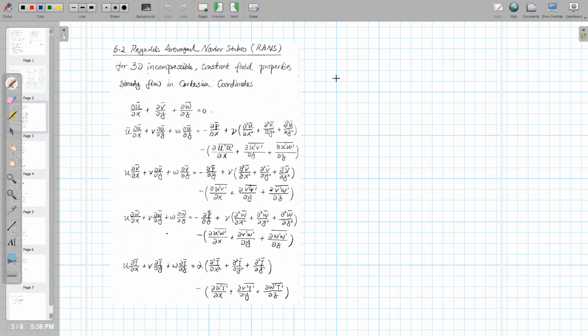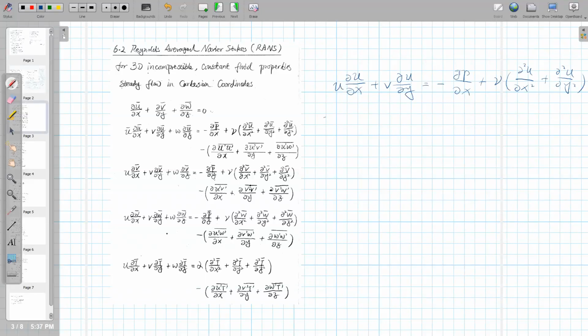For example, the instantaneous momentum equation will be this one, same as before: u ∂u/∂x + v ∂u/∂y equals minus ∂p/∂x, for 2D, plus nu times (∂²u/∂x² + ∂²u/∂y²). So this is the instantaneous governing equation for the x momentum, similar to what we derived in chapter 2.